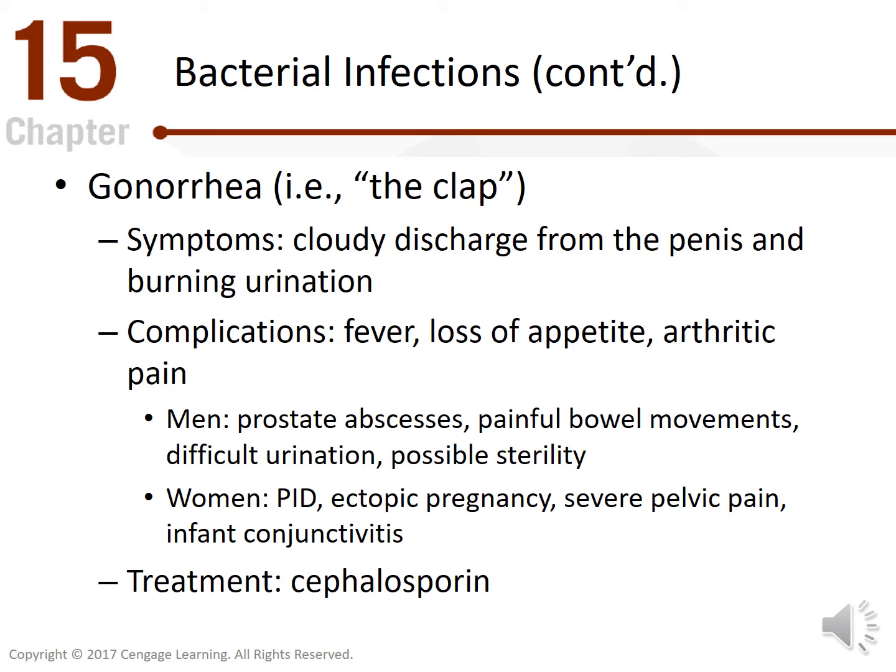Bacterial infections continued. Gonorrhea, also known as the clap, has symptoms of cloudy discharge from the penis and burning urination. Complications include fever, loss of appetite, and arthritic pain. For men, some complications include prostate abscess, painful bowel movements, difficult urination, and possible sterility.